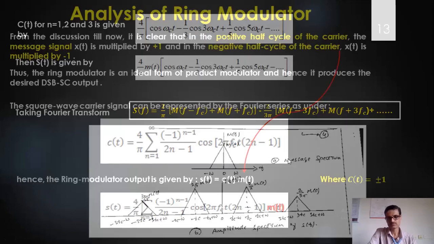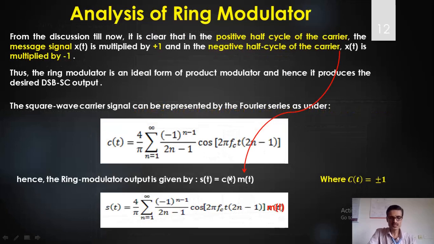If c of t has a +1 and -1 voltage with an overall time interval of t0, and if I take a Fourier series of this carrier signal, I can represent that using this formula: 4 by pi, summation n goes from 1 to infinity, (-1)^(n-1) divided by (2n-1), into cos(2 pi f_c t (2n-1)). This is a Fourier series expansion of this particular signal.